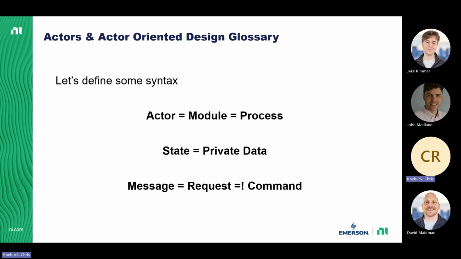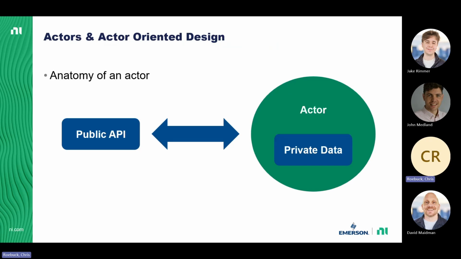Because the actor has state, it knows whether it is in a correct state or configuration in order to carry out my request. It's the module, the actor, that is responsible for deciding, hey, Chris has asked me to acquire a frame. Am I in a state suitable for actually performing that action? So we're always making requests of our modules. We're never commanding them to do something, because ultimately it is the module that is responsible for determining if it can carry out that request. So just a little bit of syntax that goes along with that actor-oriented design.